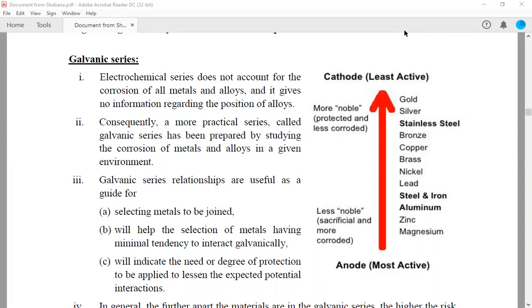The electrochemical series does not account for the corrosion of all the metals and alloys, and it gives no information regarding the position of the alloy also.